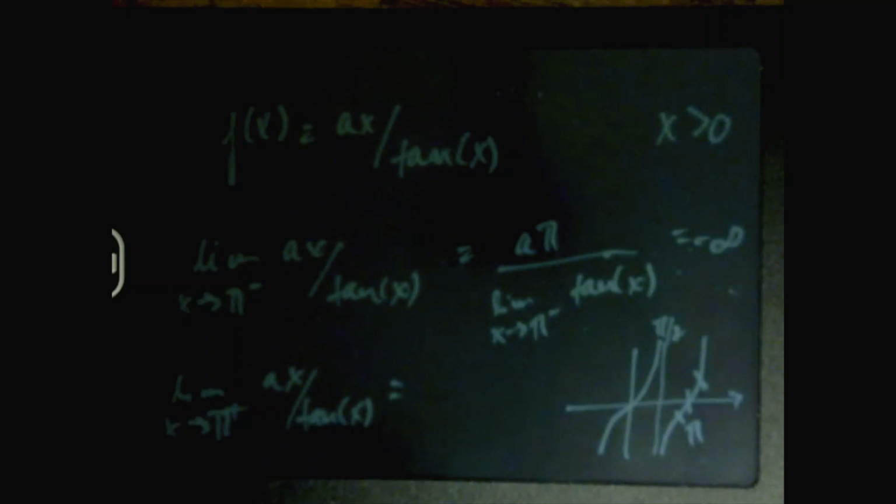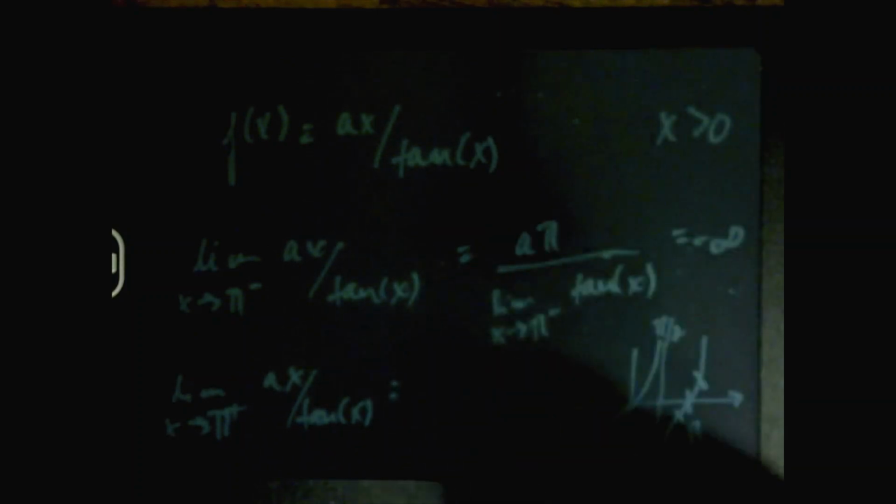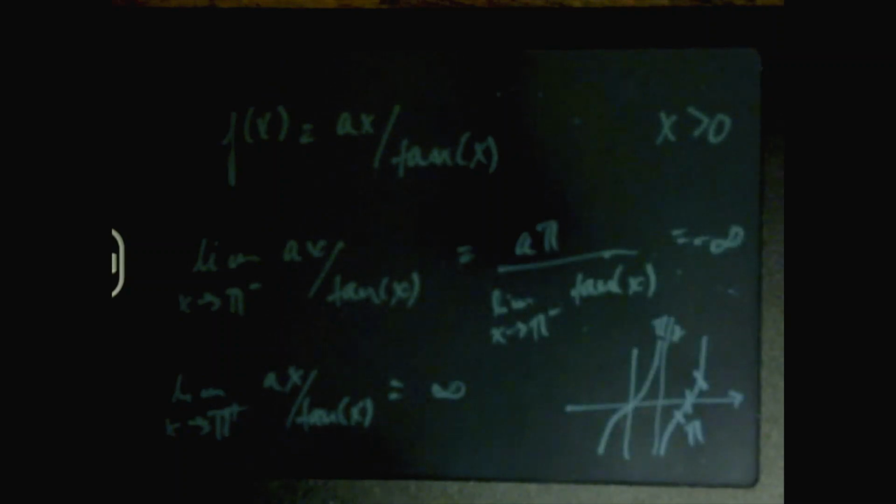So now we're dividing a times x by a number very close to 0, but it's a positive number, right? And that's going to be plus infinity. Okay, so you see the limit as x goes to pi does not exist for a times x divided by tan x, right? Which means it's not continuous at these values of x for any multiple of pi.